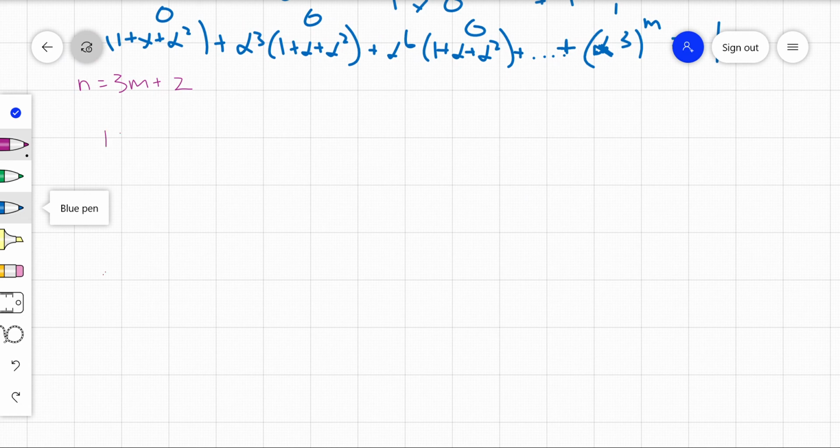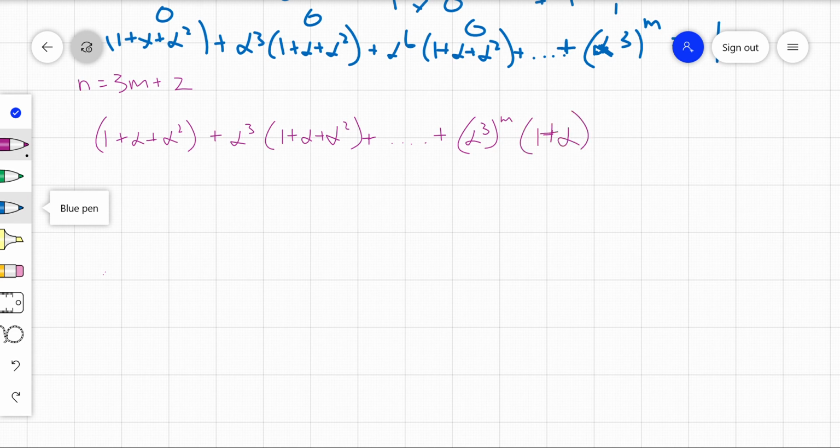So we're going to go all the way up to m terms, where m equals m, I should say. We're going to keep going along like this. And then, if you think about it, we're going to have 2 terms left at the end. So we've got our 1 plus alpha, but not plus alpha squared, just a 1 plus alpha.